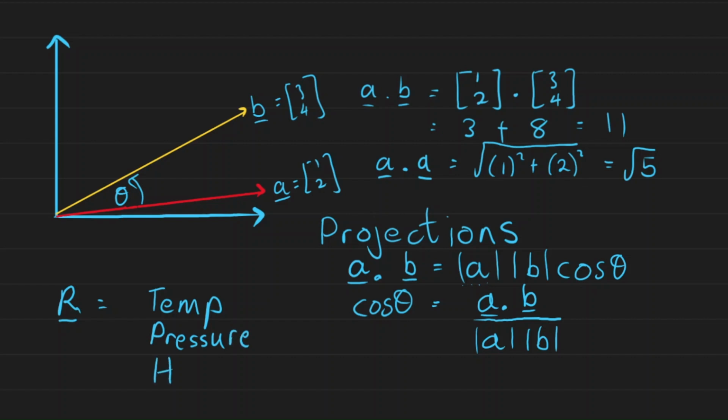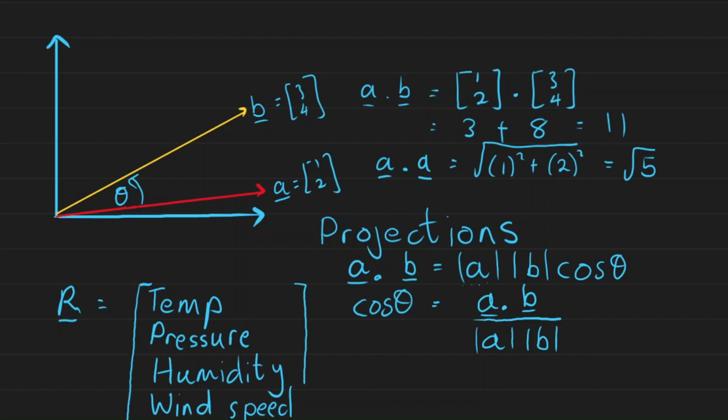Perhaps humidity. And also something like wind speed. So if we take this information about the weather and we put it inside a vector, we have a 4D space. We are now working in 4D space.